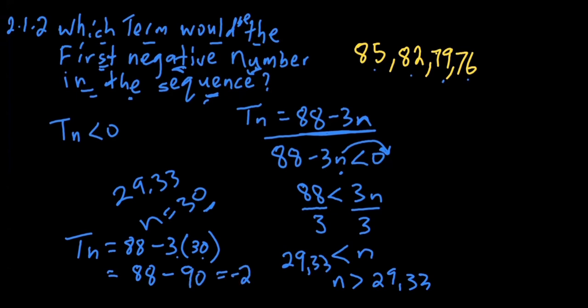So the 30th term is negative 2. Therefore, the first negative term occurs at n equals 30. Okay, thank you.